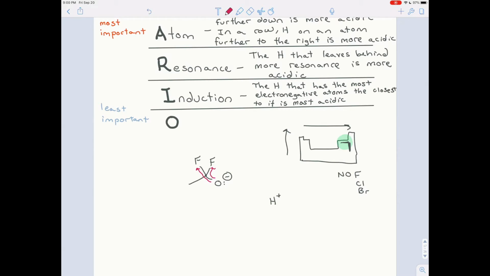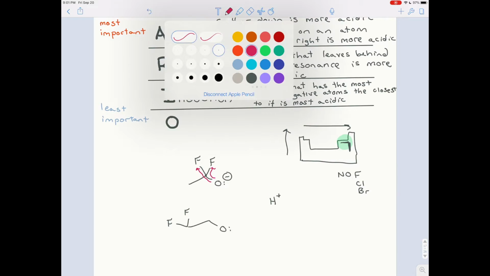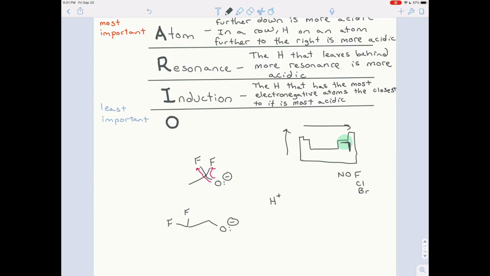And also the closer they are. So if you compare that with this, if you had this molecule, same thing, but instead of two fluorines nearby, they're further away, that still will help to stabilize the molecule. It'll still help to spread that negative charge out over space, but because these are so far away, their pull on those electrons is much weaker.